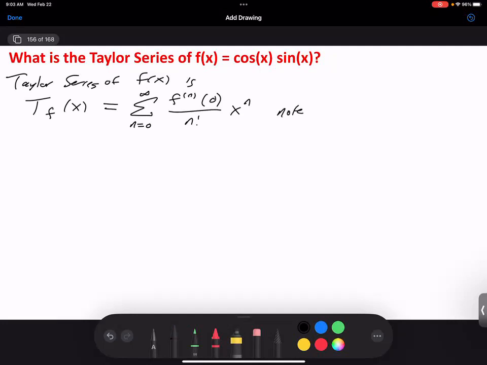Note that the nth derivative at 0 is just the nth derivative of f at 0. And that's why we have the n factorial, because when we take n derivatives, n, then n minus 1, then n minus 2, all the way down to 3 times 2 times 1 is going to come down, and that will cancel. So can someone tell me, how would we find the Taylor series of cosine x sine x? What would we do?